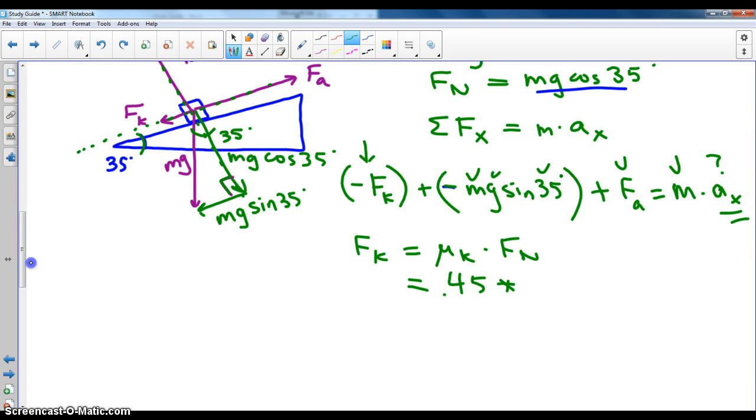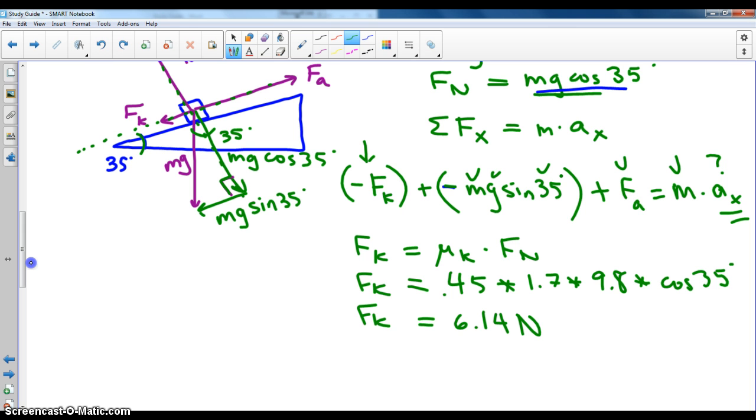Fn, the normal force, right here again, is m g, 9.8, cosine 35. So calculate that out, and you get 6.14 for Fk.